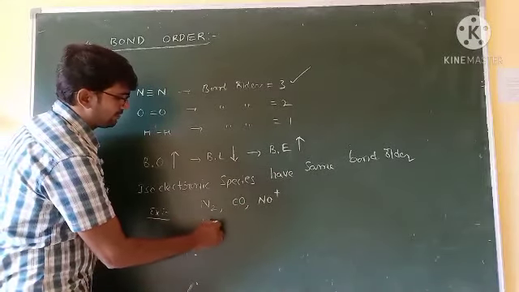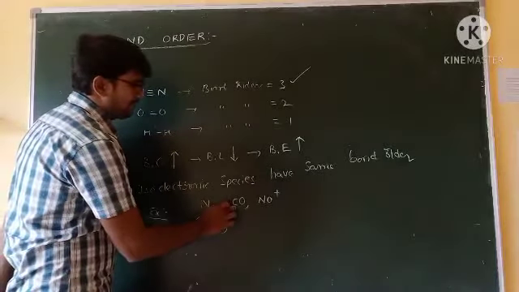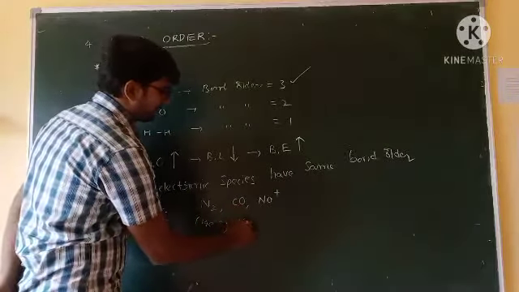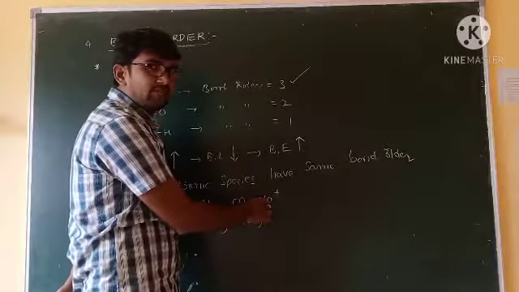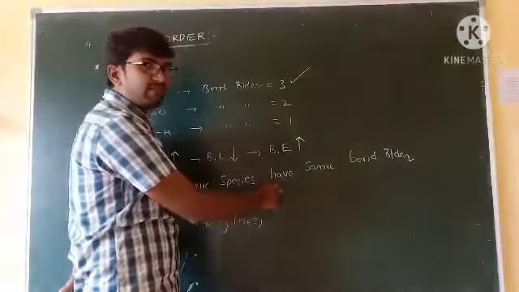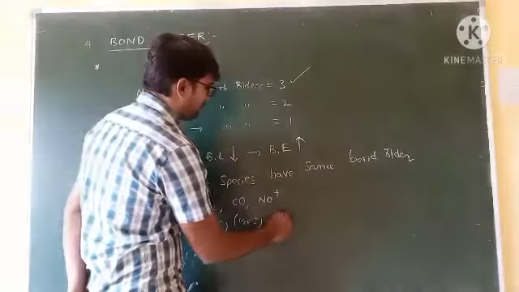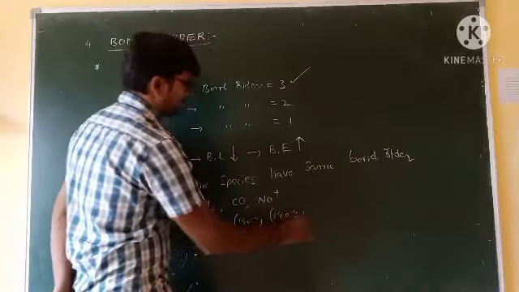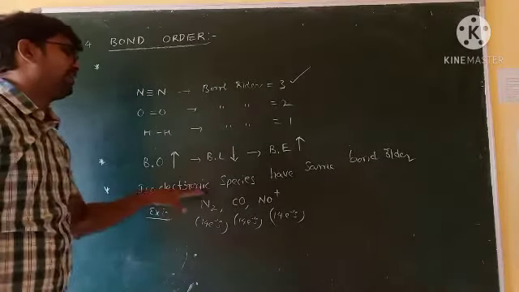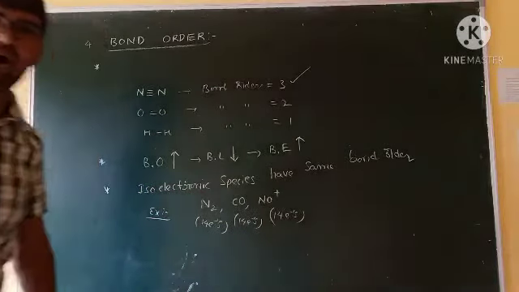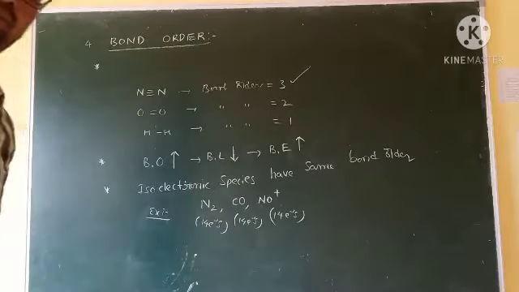Nitrogen has 14 electrons. Carbon 6 plus oxygen 8 is 14 electrons. Nitrogen 7 plus oxygen 8 is 15, and removing 1 electron gives 14. So isoelectronic species have the same bond order.